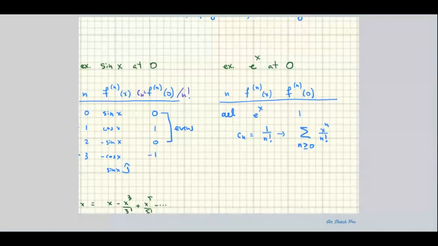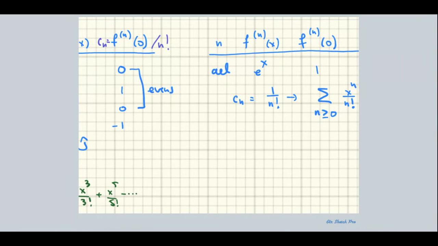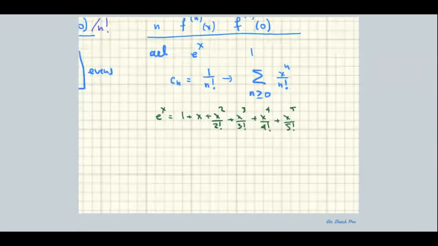So what we have here is that e to the x is given by 1 plus x plus x squared over 2 factorial plus x cubed over 3 factorial plus x to the 4th over 4 factorial. There's a reason I'm doing this. Plus x to the 5th over 5 factorial. That's enough. That's 6 terms from power 0 to 5.